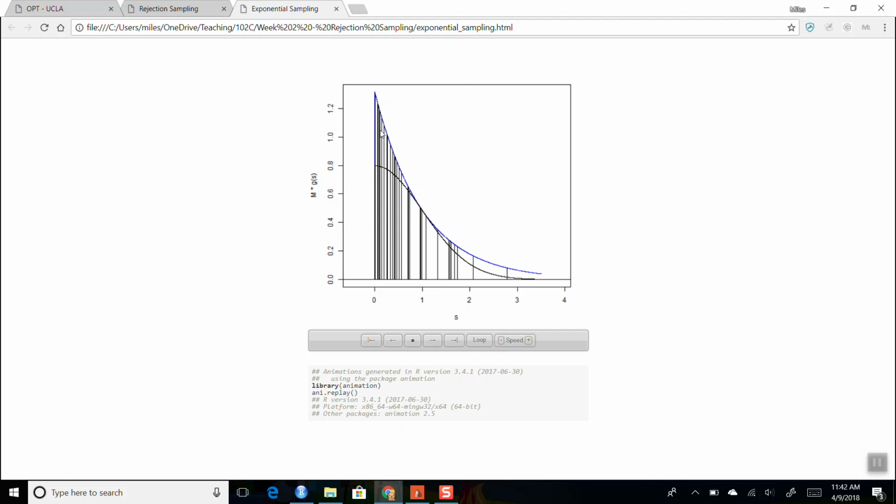You're going to see that because the PDF for the exponential distribution is tallest near 0, it's going to propose values near 0 a lot more frequently, and so this area ends up getting a lot of lines, and values out over here are sampled a lot less frequently, okay? Because we're no longer sampling from the uniform where all values are equally likely. Here we're sampling from the exponential, so values near 0 are most commonly sampled, and values further away are less commonly sampled. So that's what this animation is supposed to show.